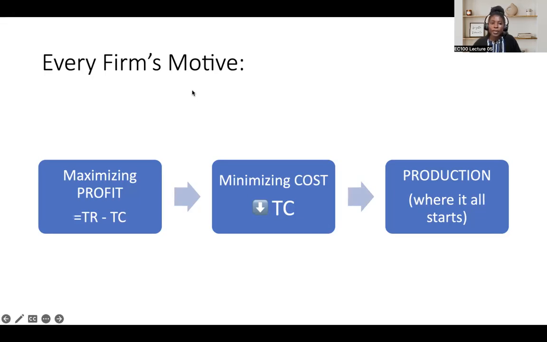Whenever you think about every firm or every producer, we have to ask ourselves, why do they bother about making goods available? We talked about demand and supply, price and market.